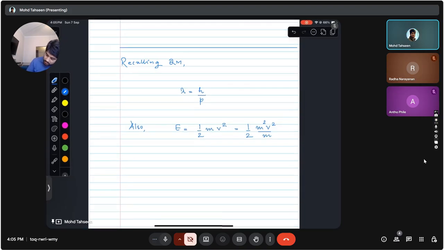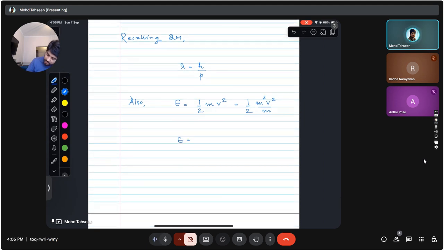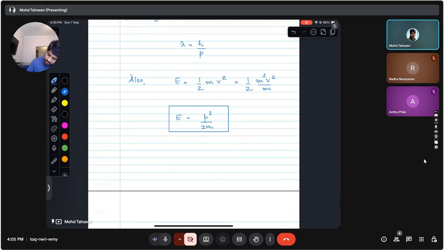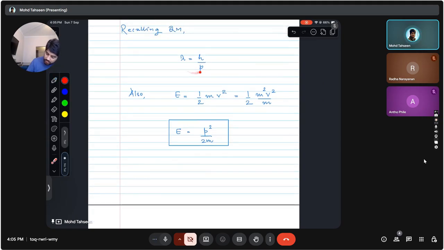So energy in terms of the momentum can be written as p square by 2m, right? And if energy is p square by 2m, then we can use the de Broglie's hypothesis.